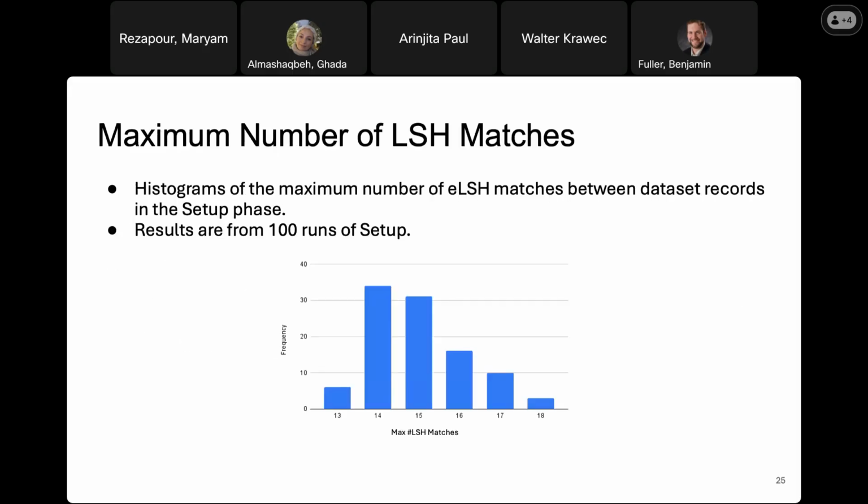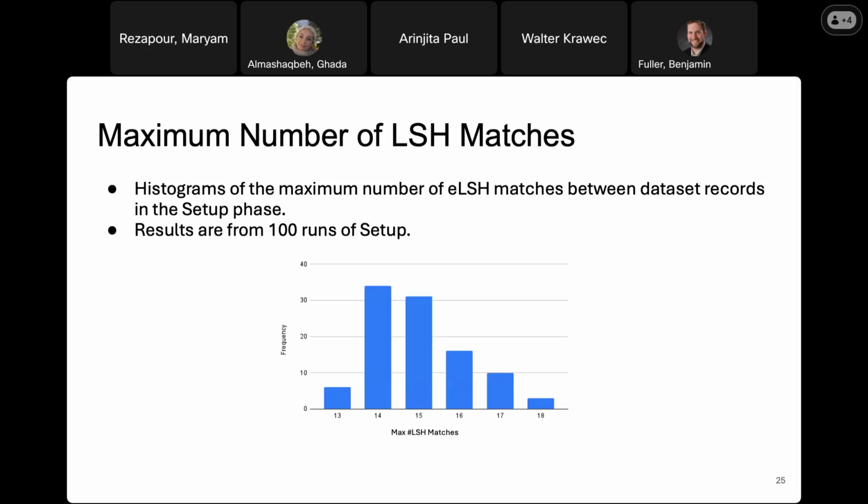So for the setup, you're going to generate LSHs, that whole matrix. What you're doing is, for each row of the matrix, you're counting how many LSHs appear somewhere else in the same column.